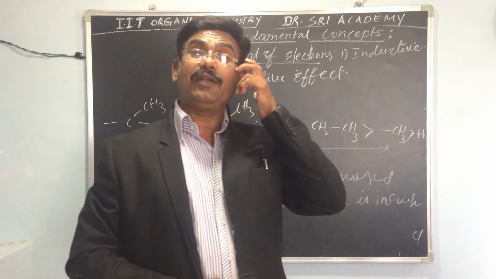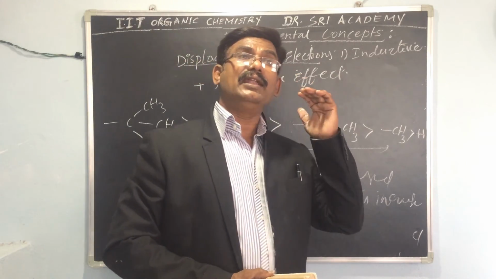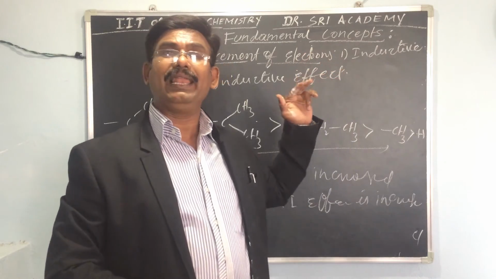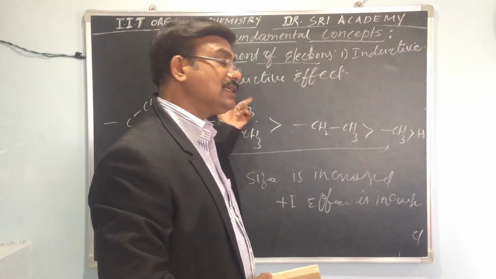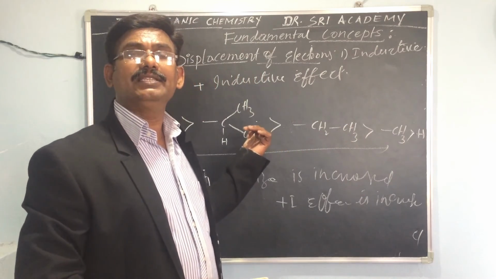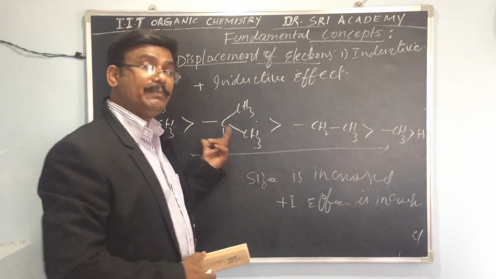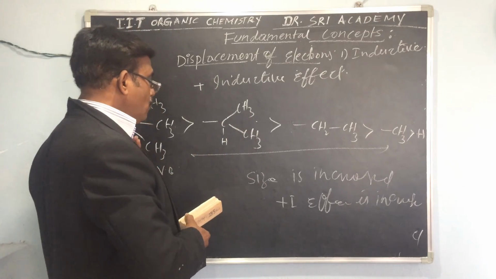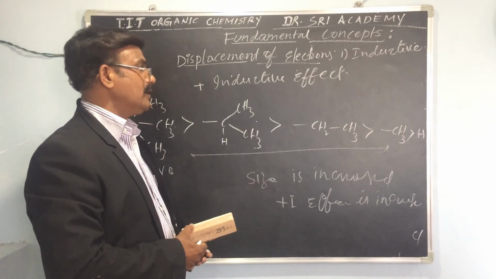So inductive effect means, once again, the displacement of sigma bonded electrons. There are two types, plus I effect and minus I effect. For the plus I effect, the most important thing is the bulky nature of the group. The more bulky, the more plus I effect there is.